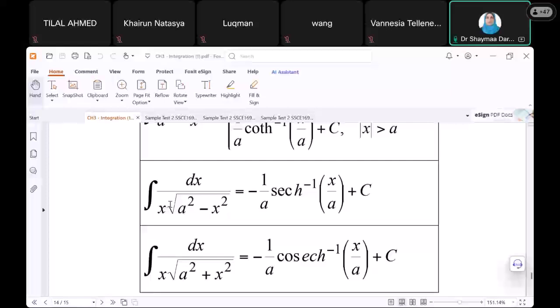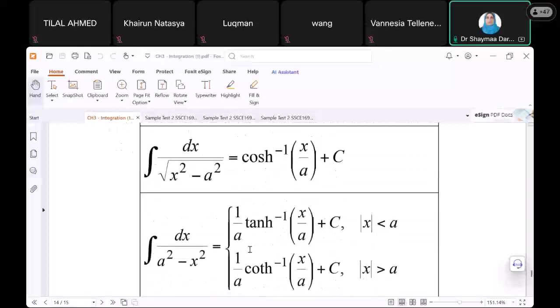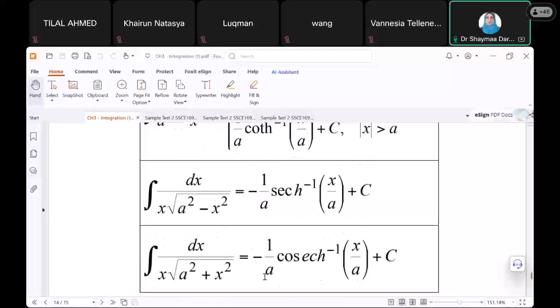If you have 1 over x square root a squared minus x squared, then you have minus 1 over a sec inverse x over a. If you have 1 over x square root a squared plus x squared, this is minus 1 over a cosec inverse x over a plus constant. So these are the formulas of sine inverse, cos inverse, tangent inverse, sec inverse, and cosec inverse.